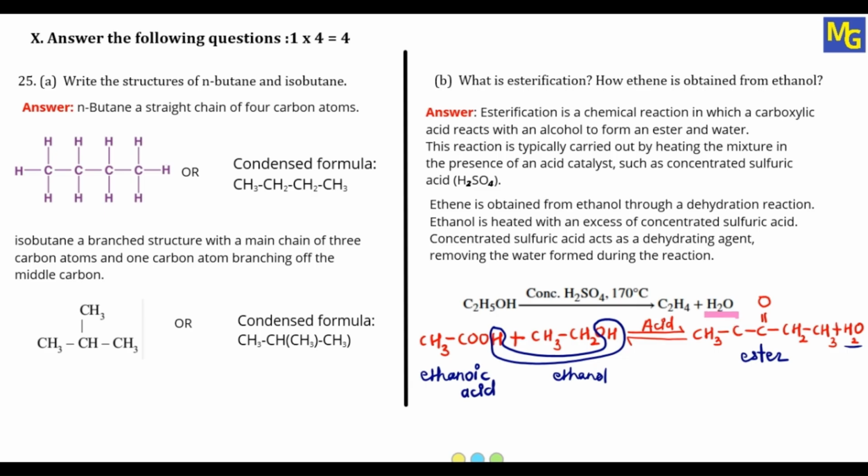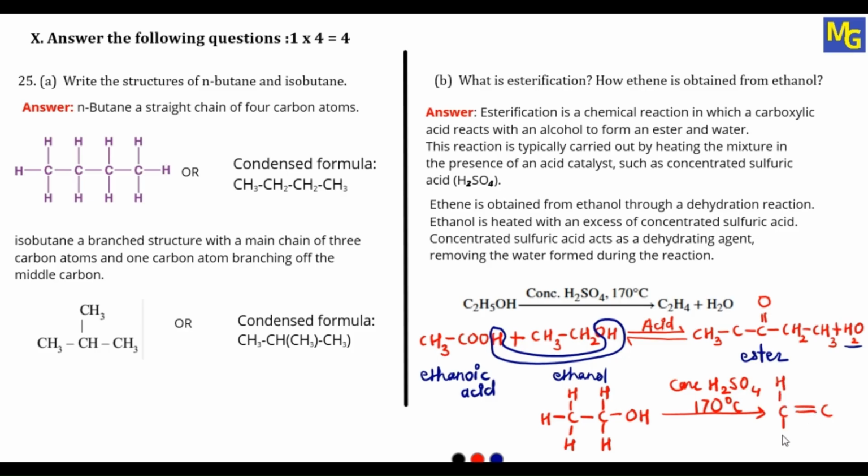I'll write it here. So we will take this C2H5OH like this, split it and write the whole structure. So see here, this is nothing but C2H5 and this is our alcohol group. Here we are going to take concentrated H2SO4 and heat it up to 170 degrees Celsius. So this is the temperature, and here we will get C double bond C and H4.